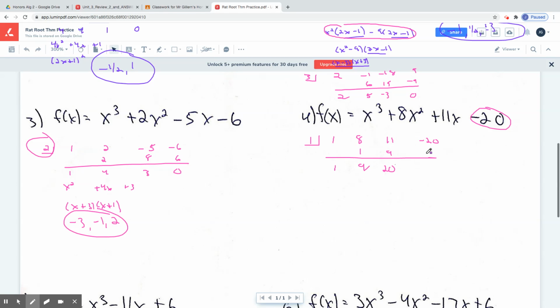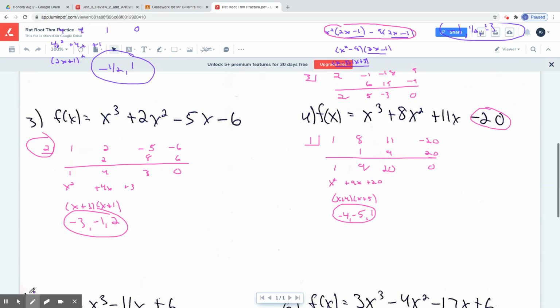That's 20. That's 20. And I get 0. So this is x squared plus 9x plus 20, which is x plus 4 times x plus 5. So that means negative 4 is a 0, negative 5 is a 0, and 1 is a 0.